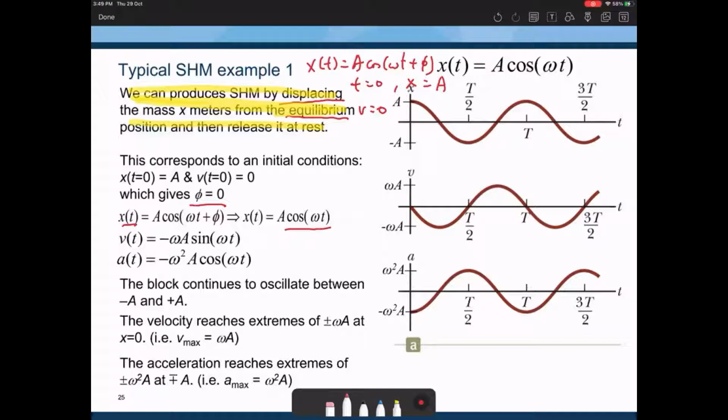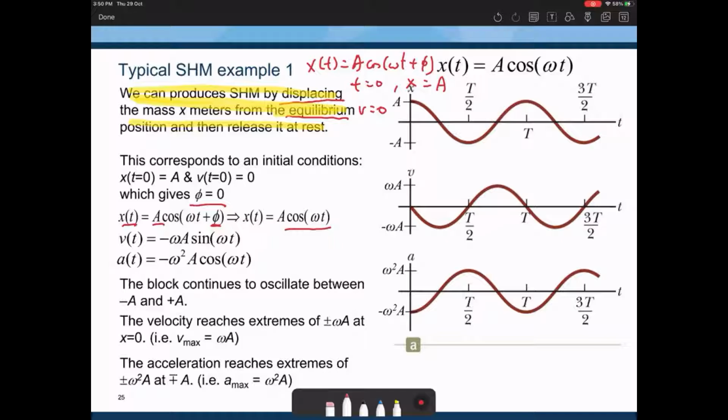Velocity follows. Once you decide phi and A, velocity becomes minus omega A sine omega t, and acceleration becomes minus omega squared A cosine omega t. So that is how we work it out.